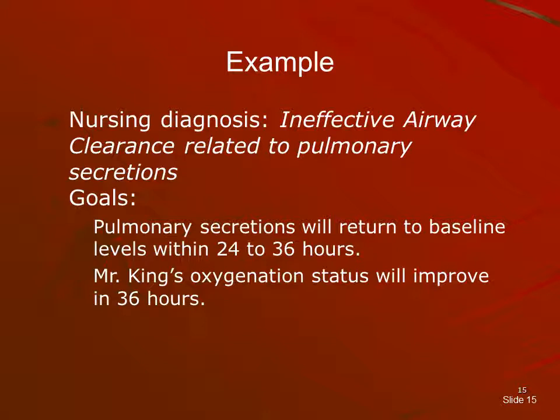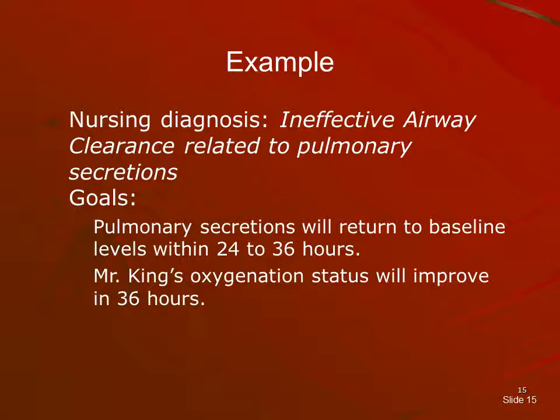Possible expected outcomes for Mr. King include Mr. King's sputum will be clear, white, and thinner in consistency within 36 hours. Mr. King's lung sounds will be at baseline within 36 hours. Mr. King's respiratory rate will be between 16 and 24 breaths per minute within 24 hours.